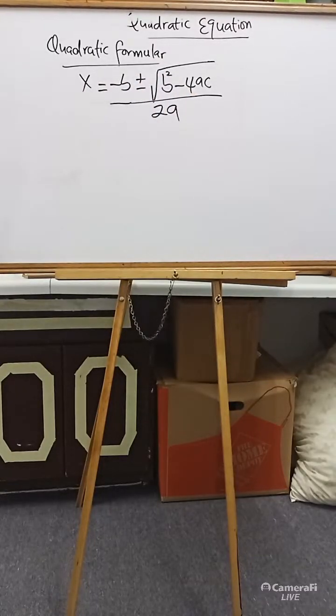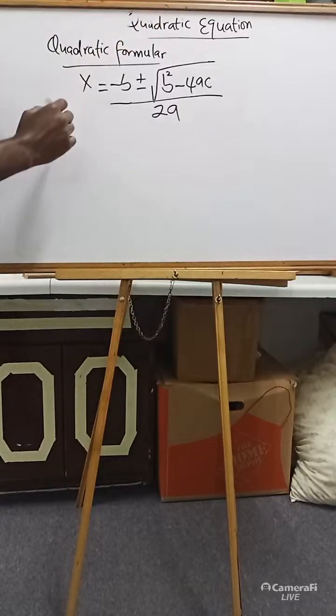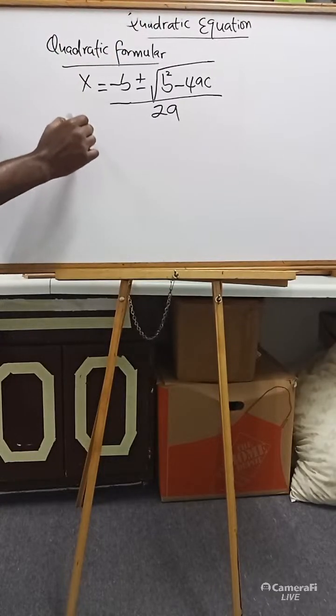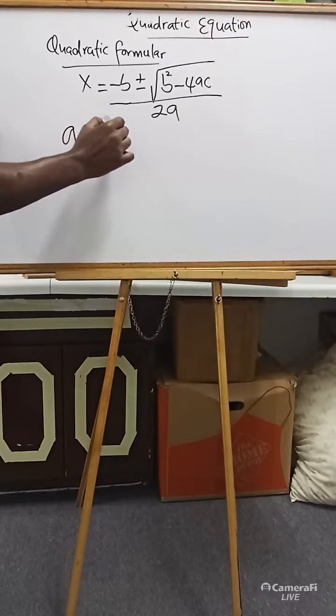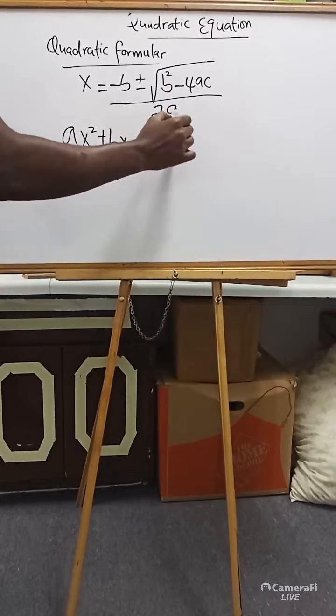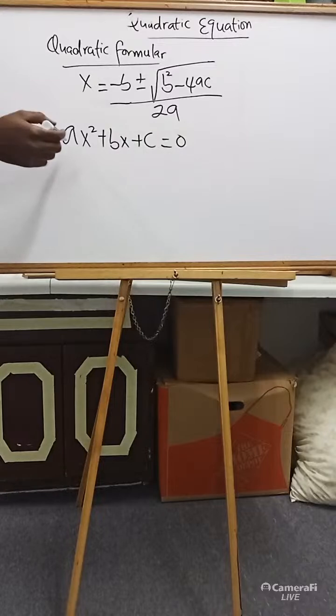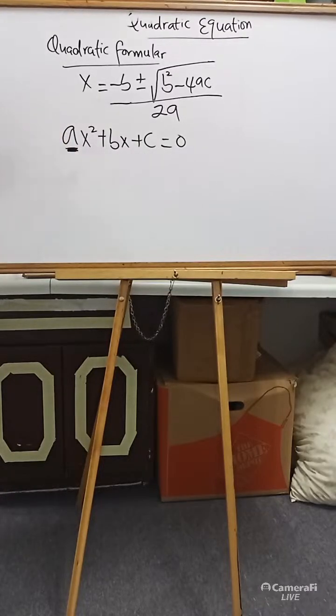And our quadratic equation itself, the general form of our quadratic equation is ax squared plus bx plus c equals 0, where a is the coefficient of x squared.